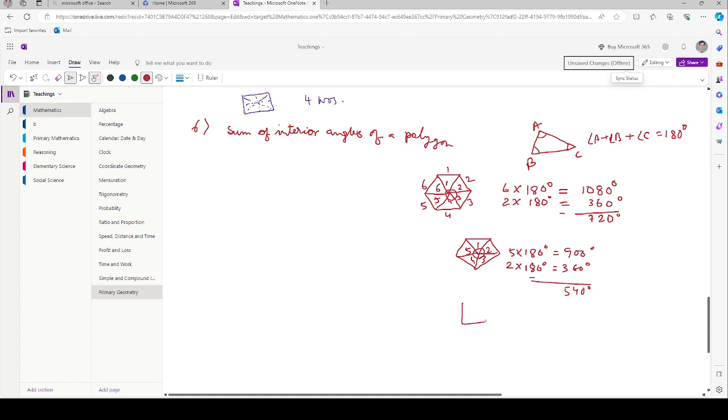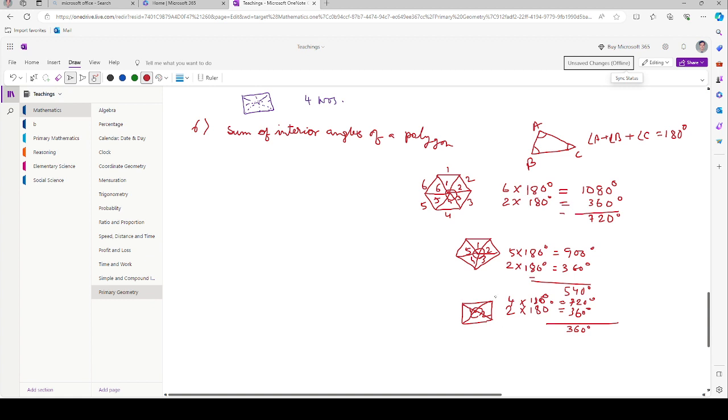Similarly, for a quadrilateral, 2 into 180 degrees is to be subtracted from 4 into 180 degrees, that is 720 degrees, and we will get 360 degrees, right?